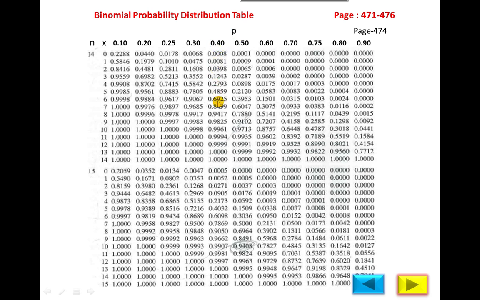This is the value of p. According to this question we will select this column. p is 0.4. All the values are given here. This is the value for 0. If n is 15, p is 0.4, the probability is 0.0005. This is the area of the probability.